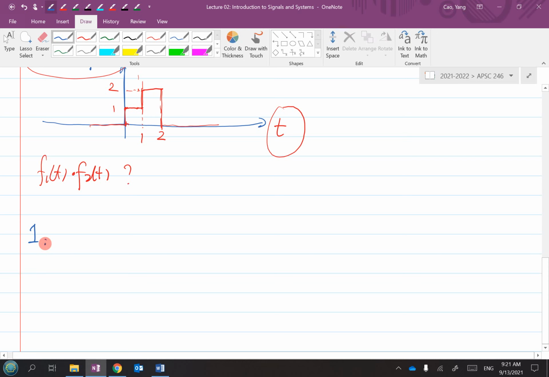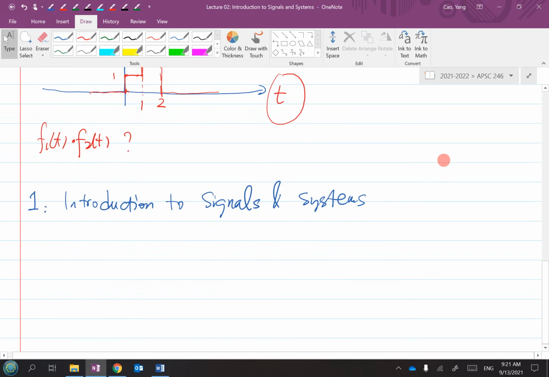The first part, I want to say a little bit about the concepts of signals and systems. As I said, this course in the first lecture is a mixture of signals and systems, plus solving linear differential equations, linear ordinary differential equations more specifically.